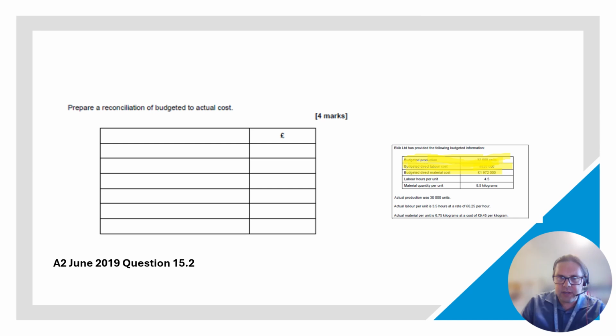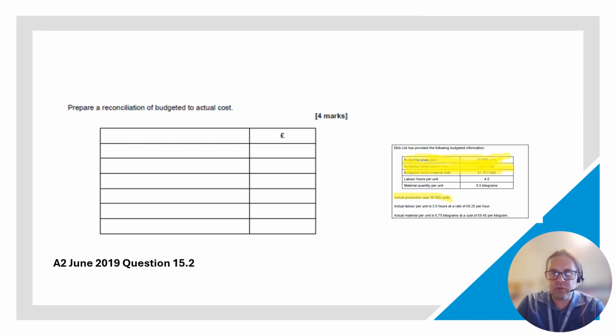You're comparing the cost of production for 30,000 units, which was actual production, to how much we thought that would cost. So what you should do is add up the material and labour. That gives you 2.8 million, and that will tell you how much it should have cost for 32,000. Divide by 32, times it by the 30,000. That will give you your budgeted production cost for 30,000 units.